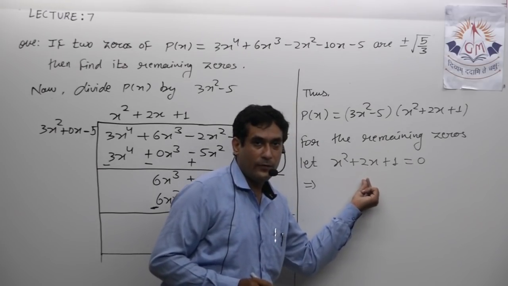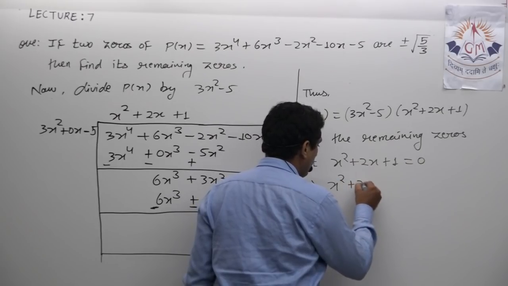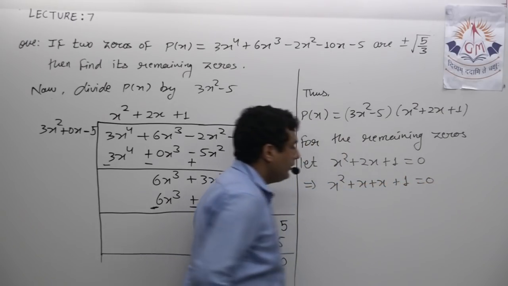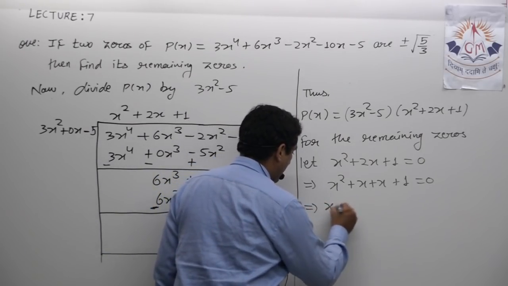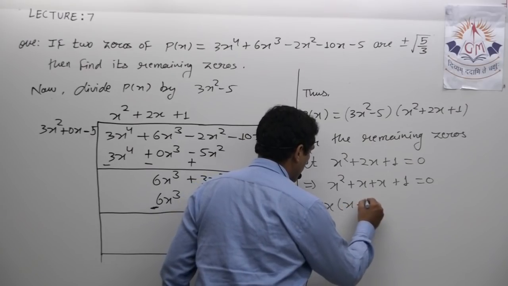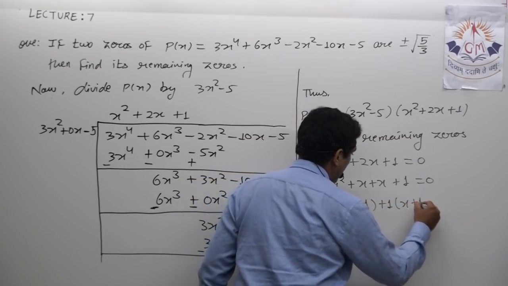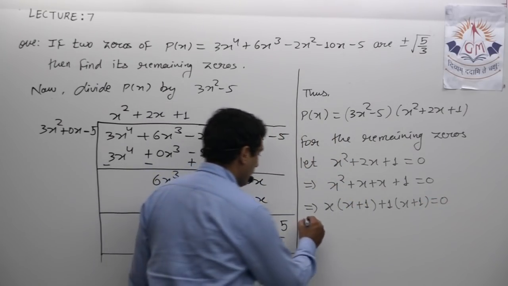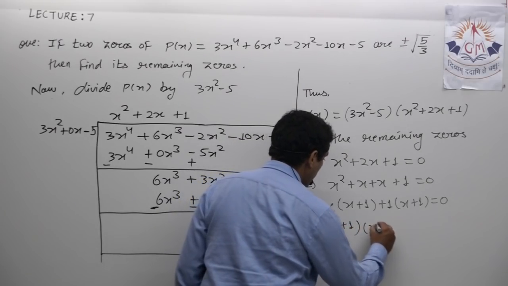That means for that I have to split the middle term. So I can write x square plus x plus x plus 1 equal to 0. Now from first two I can take x common, so x plus 1. From these two I can take plus 1 common, in bracket again I get x plus 1 equal to 0. Now this gives me x plus 1 into x plus 1.